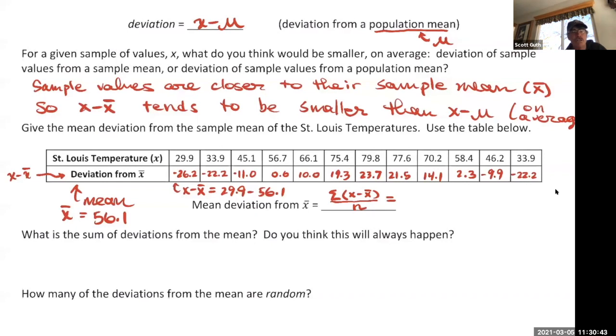when you add the deviations up, did anybody do it? I don't really want to wait because we only have 10 minutes left. If you add these up, make sure you put the negatives in for the negative numbers. And when you do that, they will add up to 0 over 12. So the mean is 0. There's, on average, no deviation from the mean, which doesn't make any sense at all.